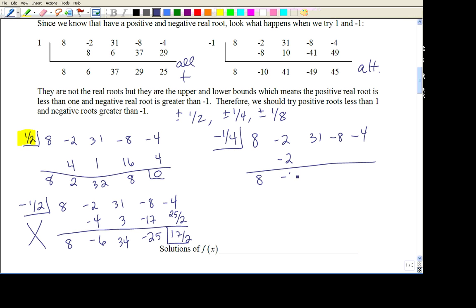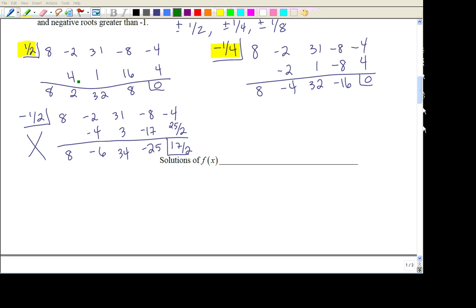Plus negative 2 is negative 4. Times negative 1/4 is 1. Plus 31 is 32. Times negative 1/4 is negative 8. Plus negative 8 is negative 16. And that times negative 1/4 is 4. Plus negative 4 is 0. And that's good again because now we know that negative 1/4 is a root as well.